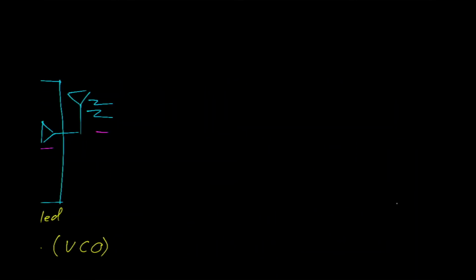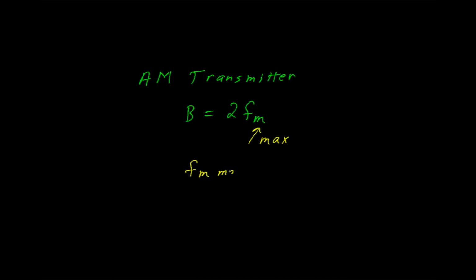In the AM transmitter, bandwidth was described as 2 times the maximum modulating frequency. Assuming a voice frequency, the maximum modulating frequency would equal 3000. The bandwidth is therefore 2 times 3 kilohertz, giving a total AM modulator bandwidth of 6 kilohertz.